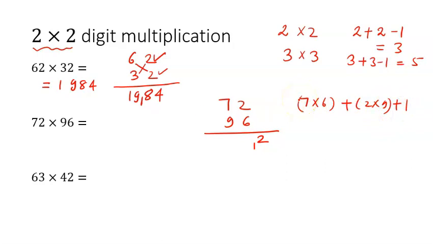So we can do this mentally also. Let us do 7 into 6, 42, and 42 plus 18 is 60, and plus 1, so 61. So I get 1 and 6 as the carryover term. Now 7 into 9, so 63, and 63 plus 6, so it is 69.